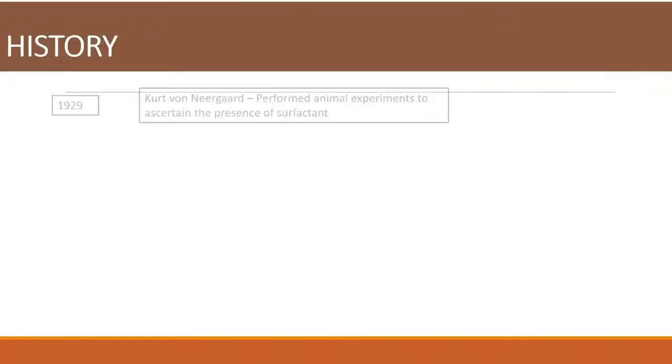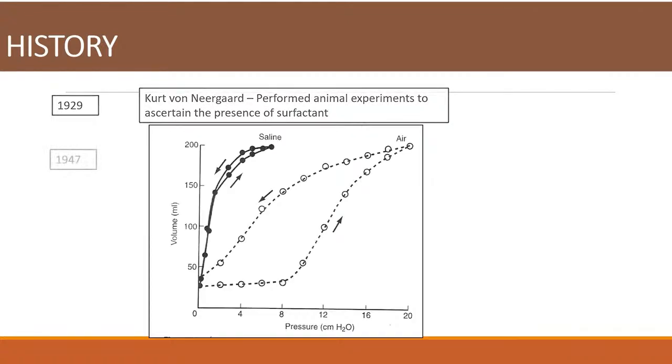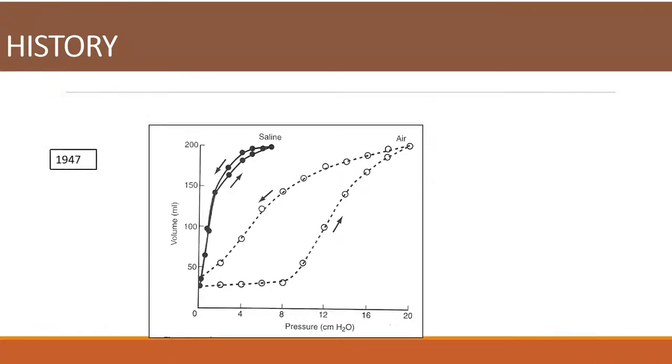A little bit about the history of surfactant administration might be interesting. As early as the year 1929, researchers had performed animal experiments to ascertain the presence of surfactant in the lung, which was responsible for preventing alveolar collapse. It was found that when animal or rodent lungs post-mortem were filled with saline, removing the concept of the air-liquid interface, the compliance was found to be much higher.